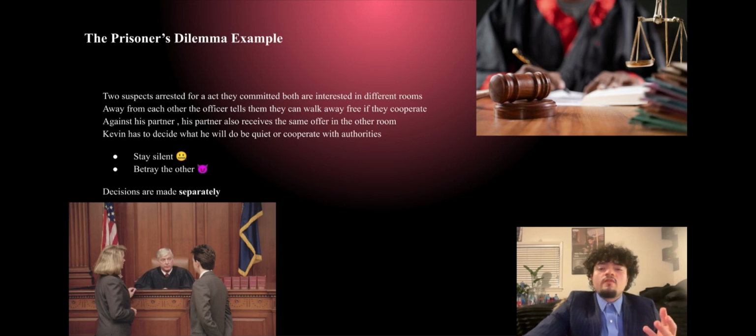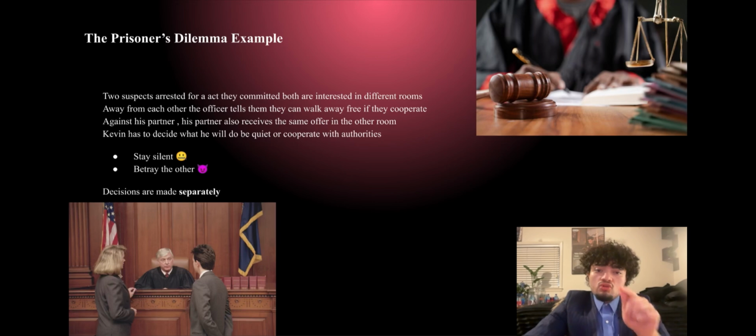I have an example for you. Two suspects are arrested for committing a crime that they did together. Once they are arrested, they are separated into separate rooms where they have no communication with one another. Someone comes to interrogate them and puts a deal in front of them.